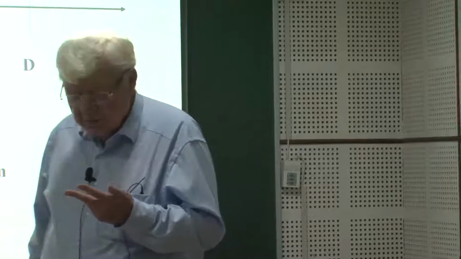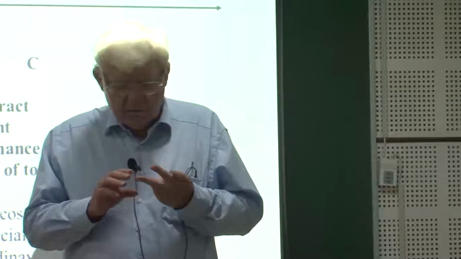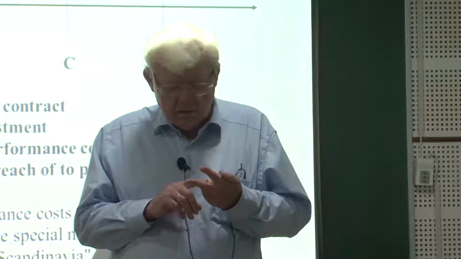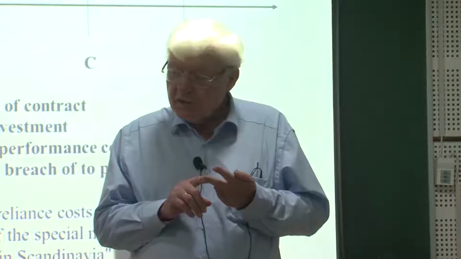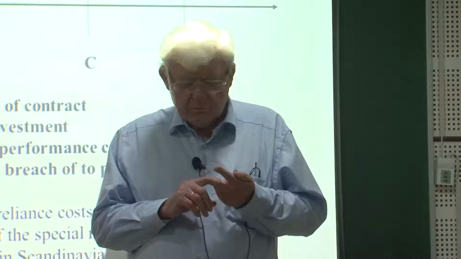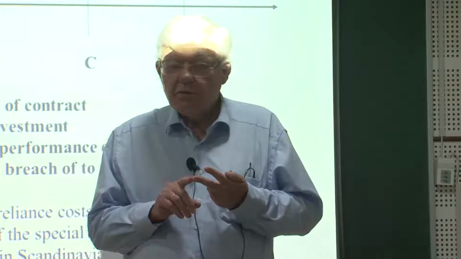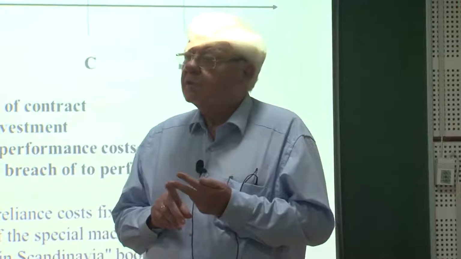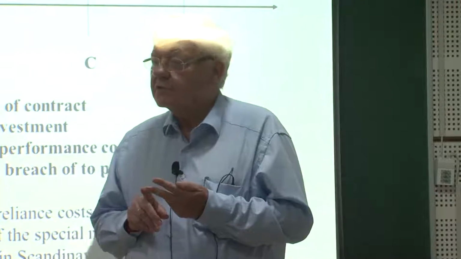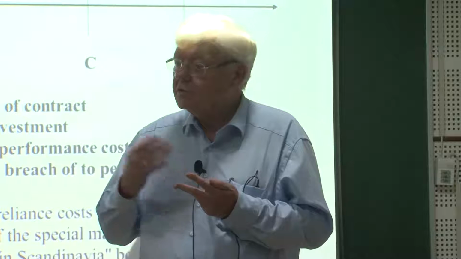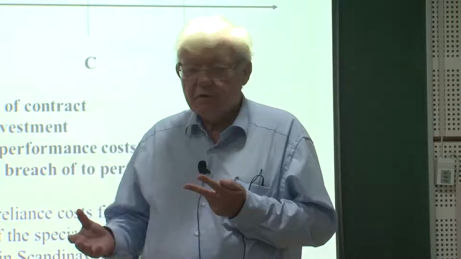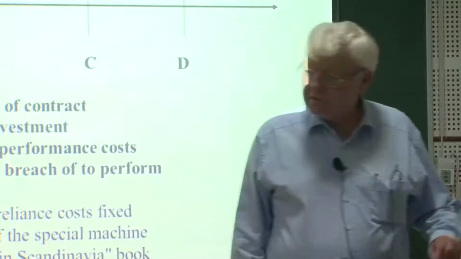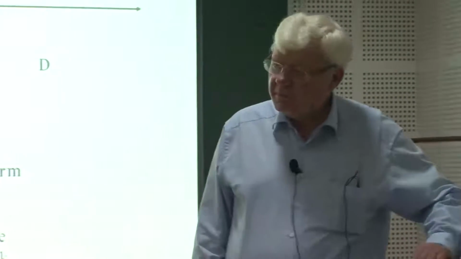The one norm would be that the producer, if he breaches, must pay the full damages. That is the full amount which includes the profits of the first buyer. We call this the expectation damages, right?